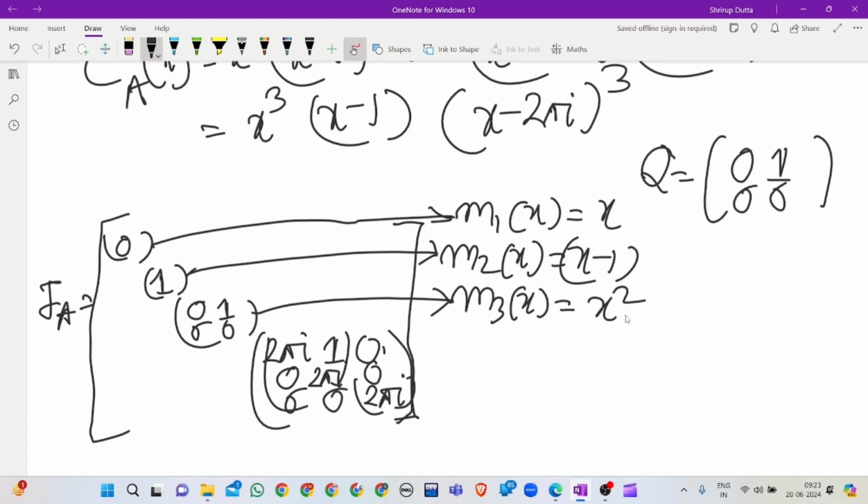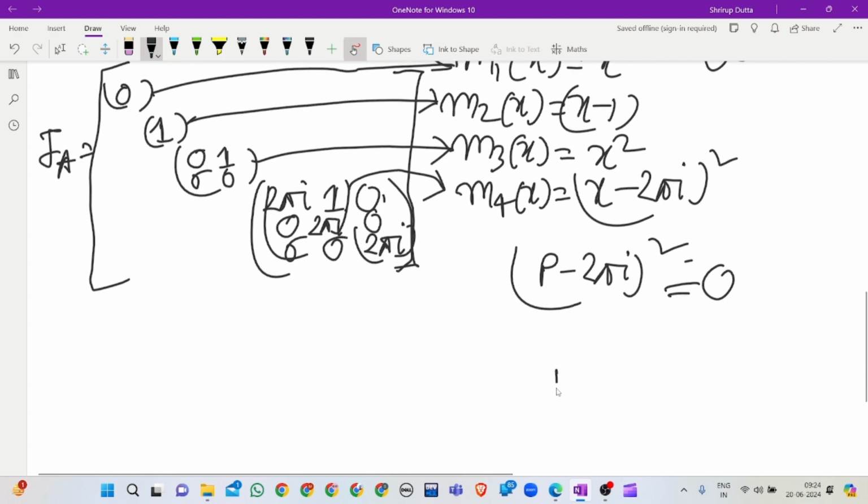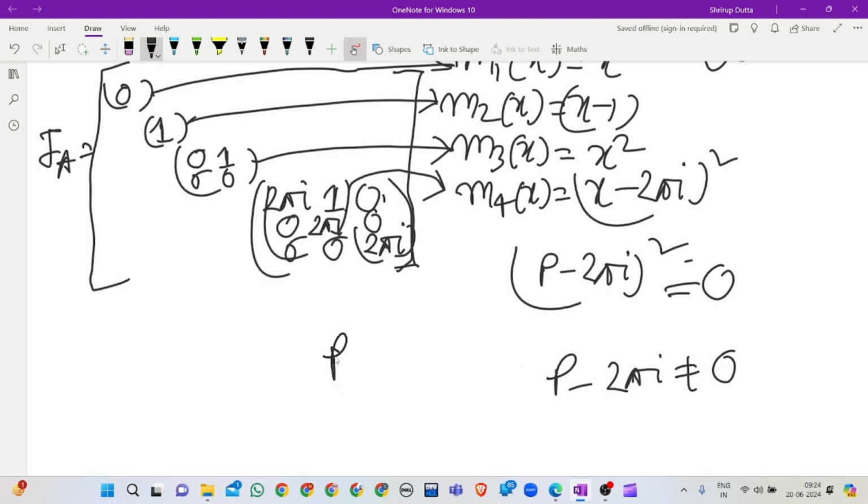And for this Jordan block, m4x, its minimal polynomial is x minus 2 pi I square, since P minus 2 pi I square is 0 but P minus 2 pi I is not 0, where P is 2 pi I, 1, 0, 2 pi I.